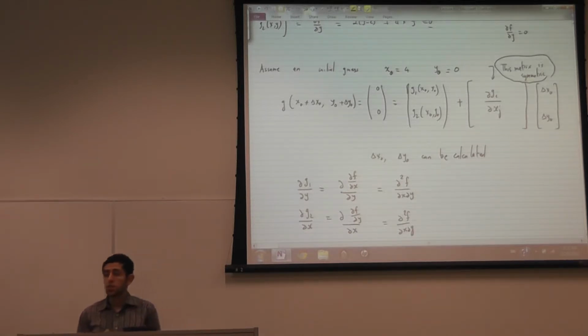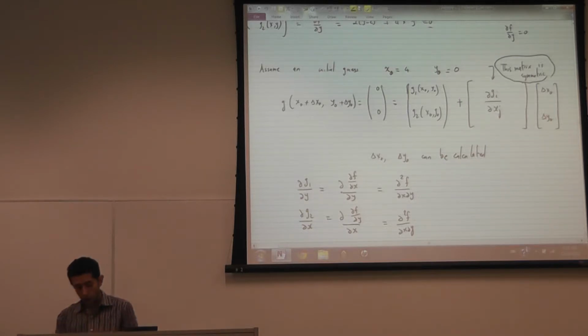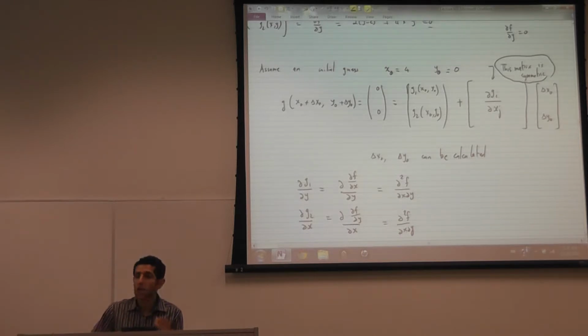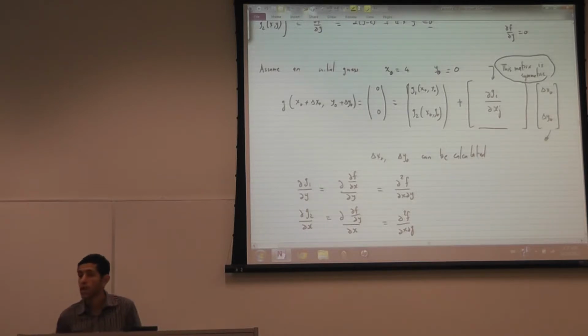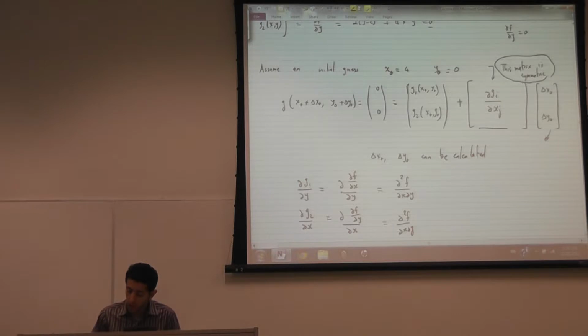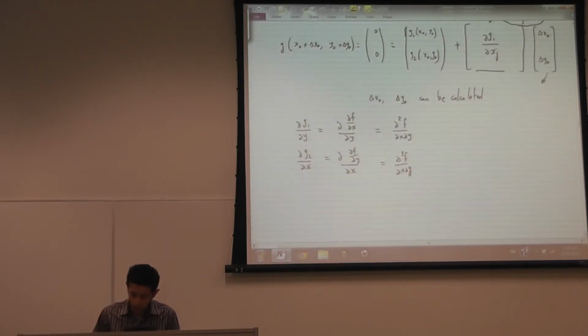Because of the existence of what we call the strain energy of the structure, how is this analogous to structural mechanics? In structural mechanics, we assume that there exists a strain energy function, and the solution is the minimizer of that strain energy function. Because of the existence of that strain energy function, the matrix from which we calculate our solution is symmetric. This matrix is what we call the Hessian matrix of the energy.